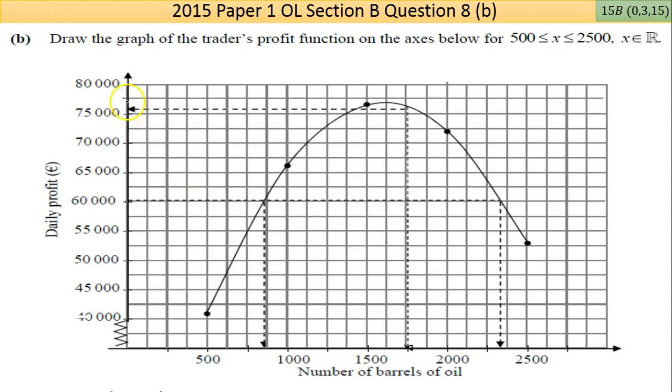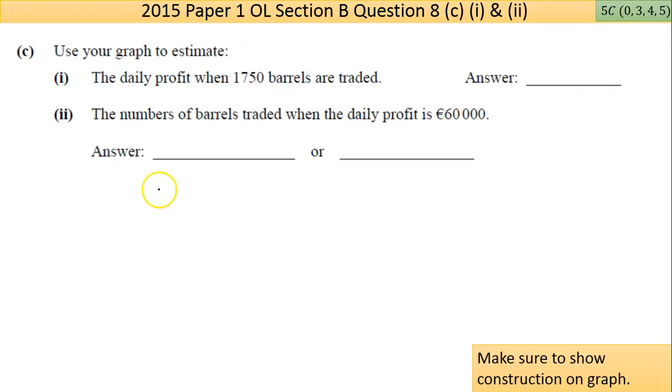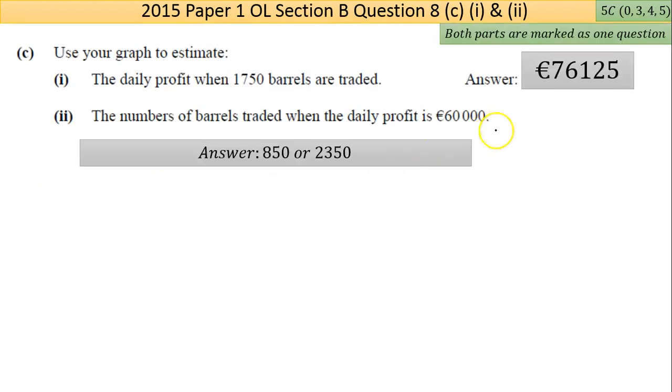I may have done something different in the notes, but we'll see what I said. It's not uber accurate. Probably around 76,000. Whatever answer you get, you can use it in the next part if needed. So you're within the tolerance there, depending on how you read your graph.